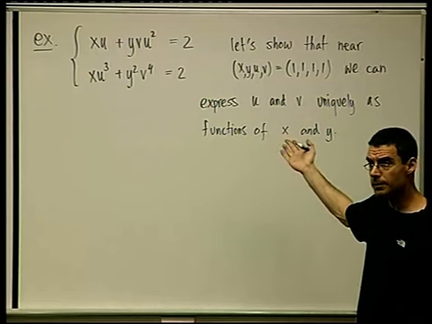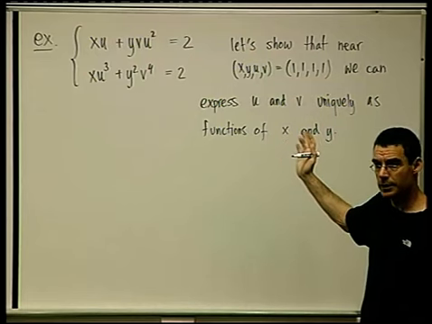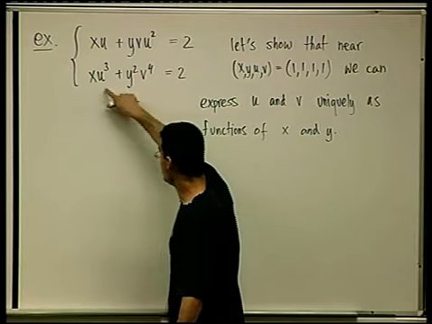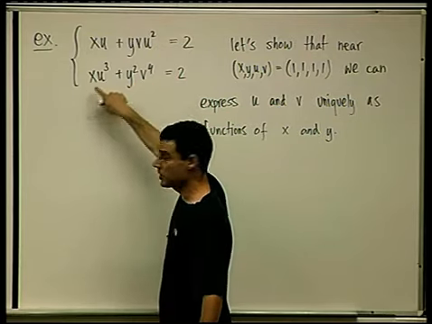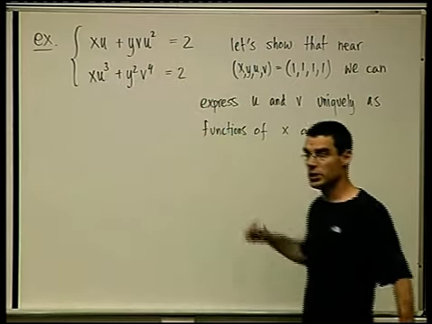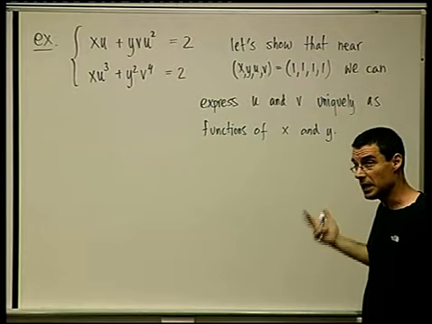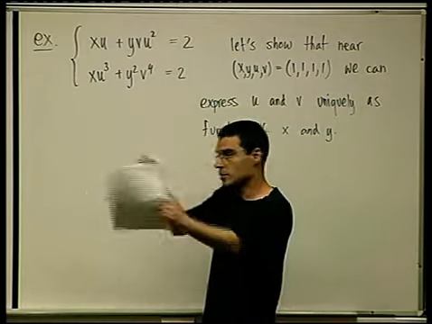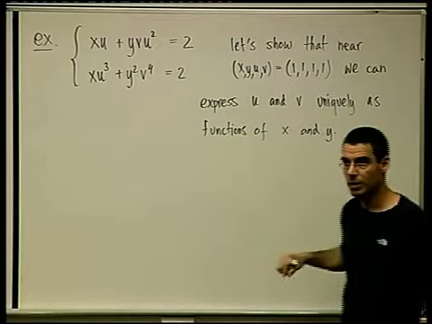Clear? Everybody with me? You're very quiet. Good, everybody? I want to express u and v as functions of x and y, such that when I plug them into here, they satisfy the relations. That's an implicit function. When it's written like this, they're not functions, right? They're just all intertwined, tangled with one another.